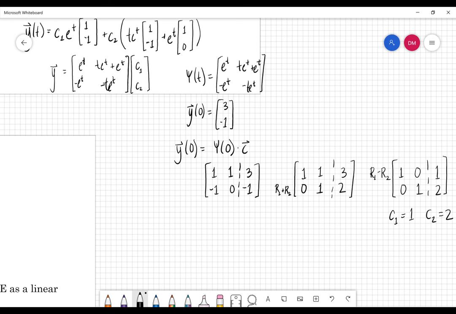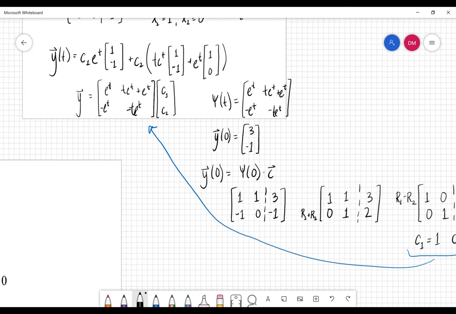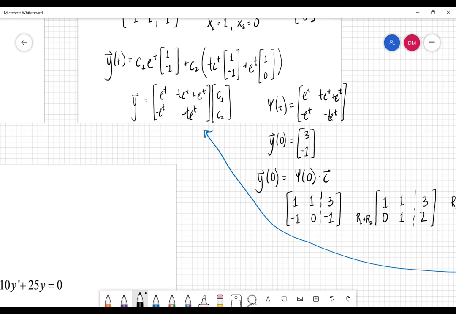Now, keeping in mind that we are going to take that and plug those right back in up here. So I'm going to go back to what I wrote out for my general solution, and we are going to plug in 1 for c sub 1 and 2 for c sub 2. So y will look like this.